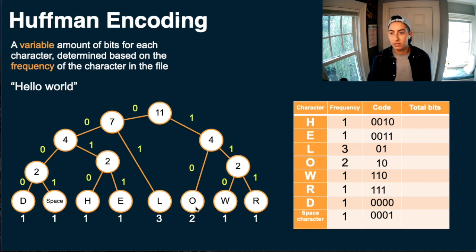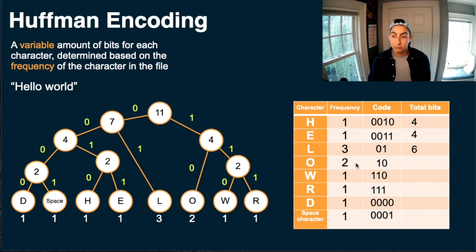As you can see, the letters that appear more frequently in the string take up fewer bits because we're going to have to represent them more often. So what are the total number of bits for each letter here? All you do is take the number of bits multiplied by the frequency. In this case, it would be 1 times 4, so that's 4. Same for E. We're going to have 3 L's, so it's going to be 3 times 2, so that's 6.